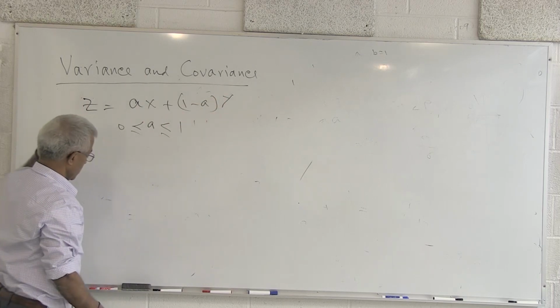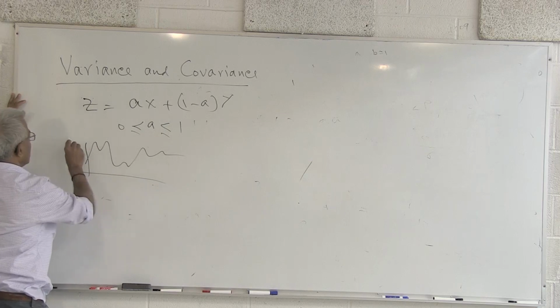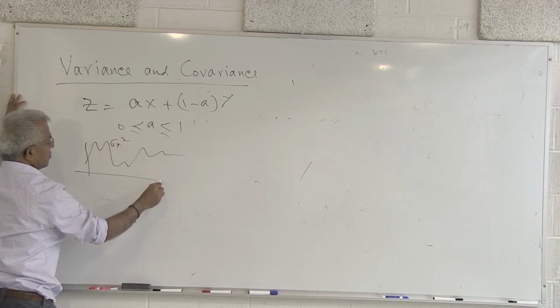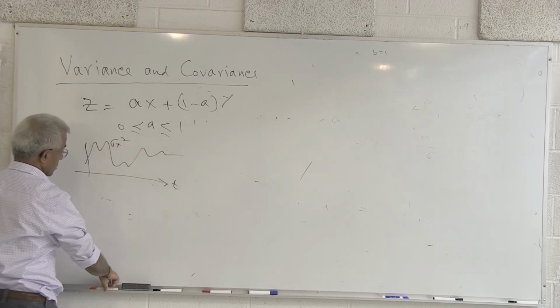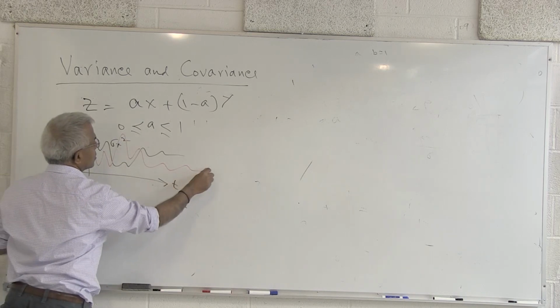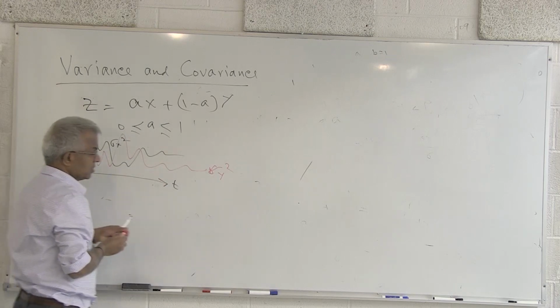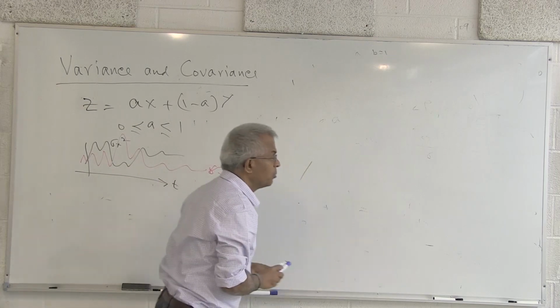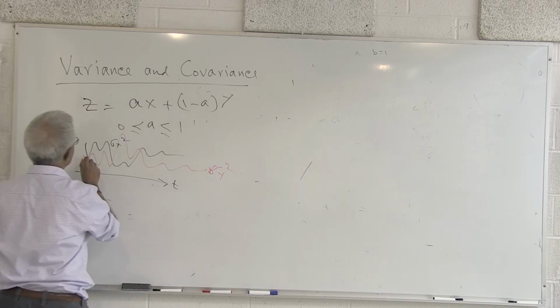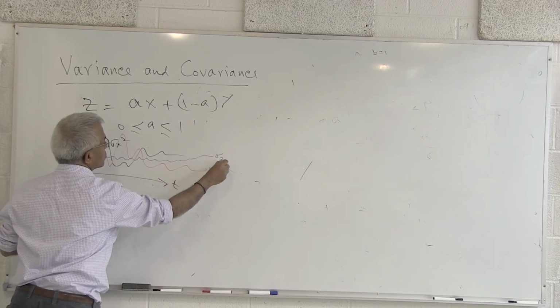So the idea is that if you plot, let's say this is sigma x squared with respect to time here, and this is sigma y squared. So both have a lot of variation. The whole idea of designing a portfolio is that you don't want too much variance of the portfolio. So this is the variance of the portfolio.